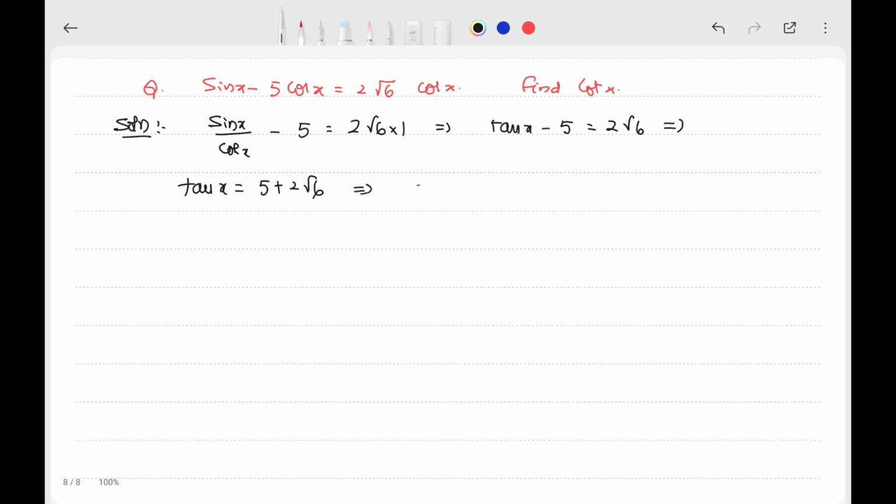Then what is cot x? Cot x is reciprocal of tan x. That's nothing but 1 by (5 plus 2 root 6). How can it be written?